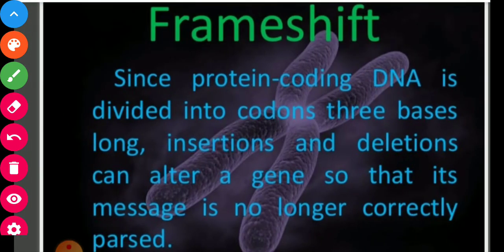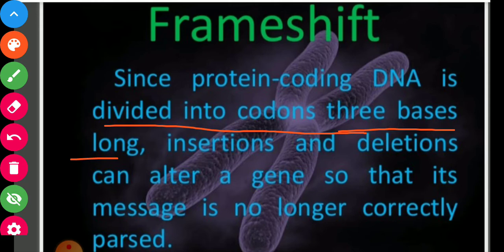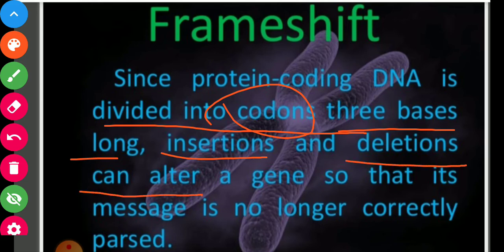Now frame shift mutation. Here, since protein coding in DNA is divided into codons, so 3 bases long. Codons are 3 base pairs long. Insertions and deletions can alter a gene so that its message is no longer correctly passed.